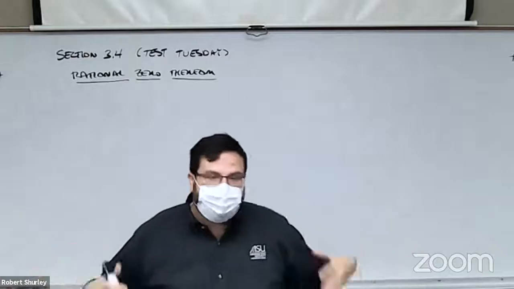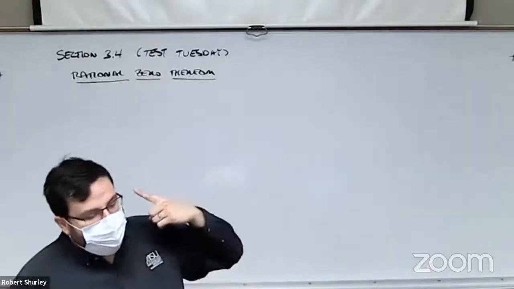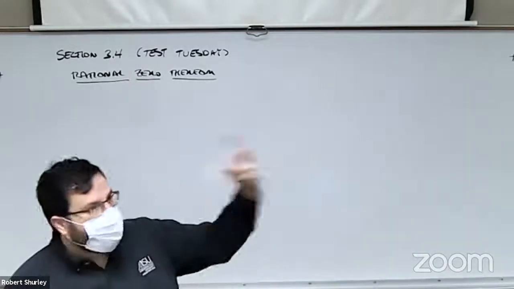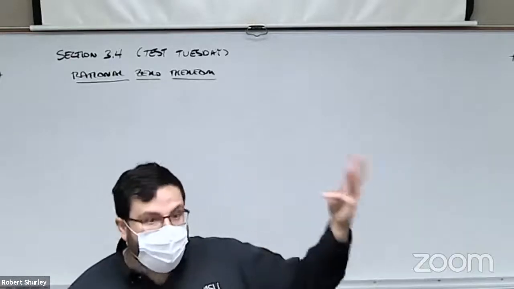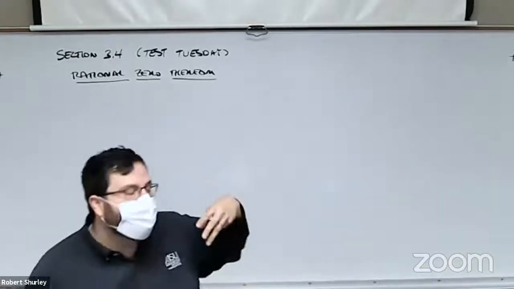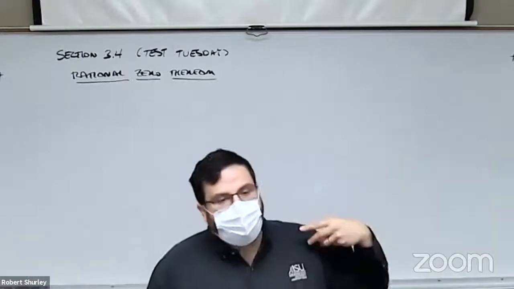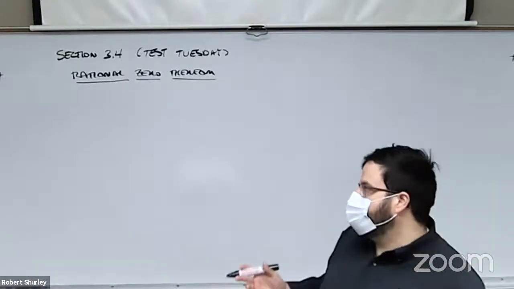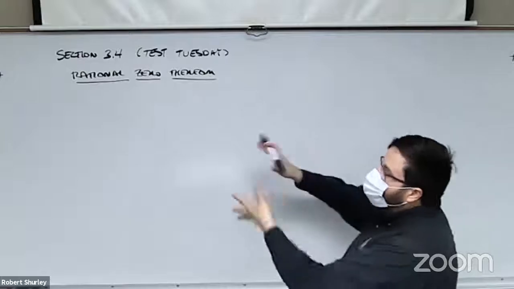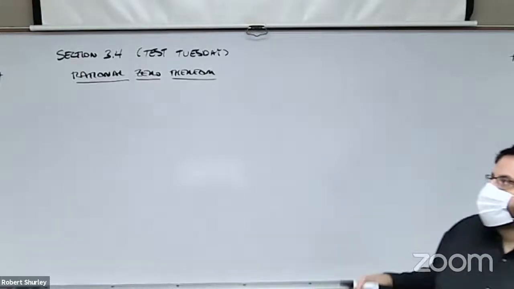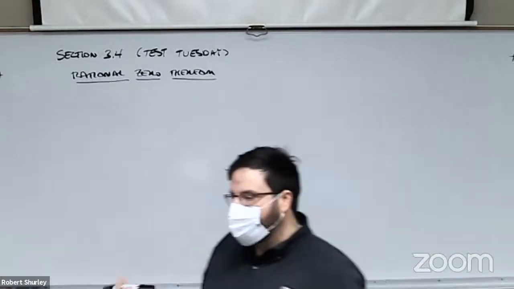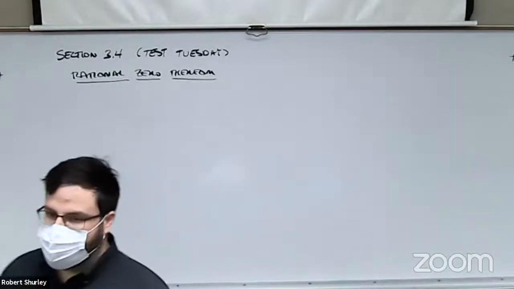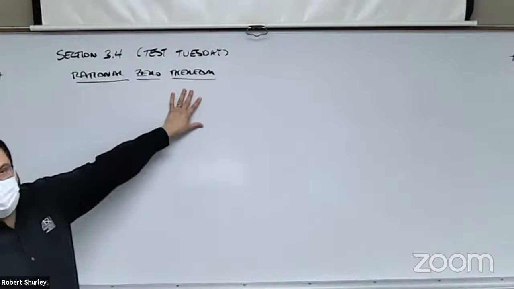Irrational are square root of 2, pi, things like that. Non-rational numbers would also be imaginary, if we had an i value. So this only works to find rational zeros.